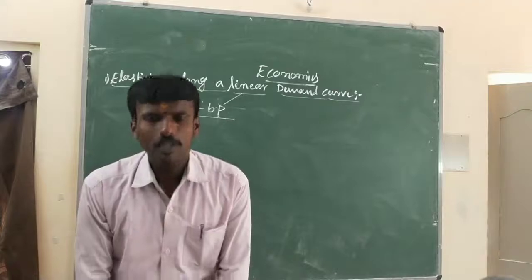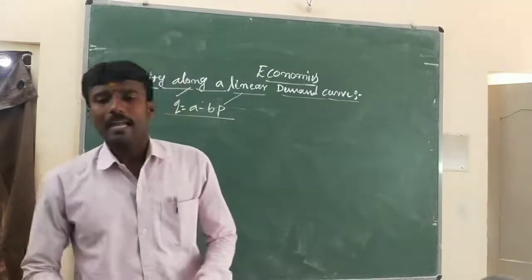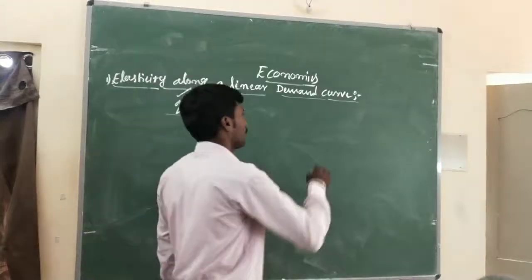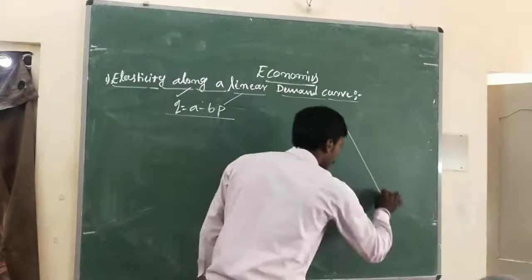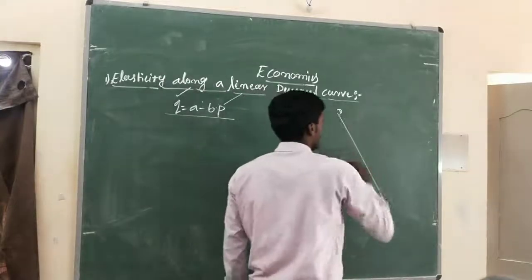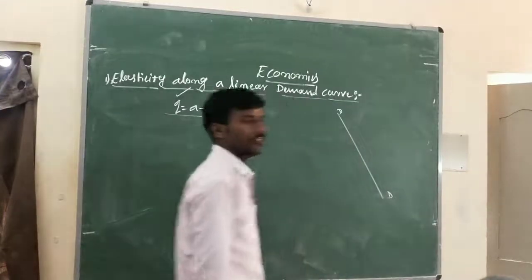So now note that at any point on a demand curve, how do you know that it is downward sloping from left to right? ಎಡದಿಂದ ಬಲಭಾಗಕ್ಕೆ ಇಳಿಜಾರಾಗಿರುತ್ತೆ ಬೇಡಿಕೆ ರೇಖೆ.